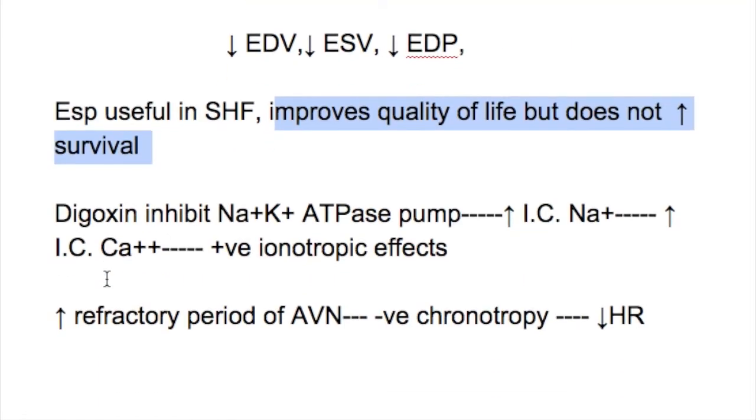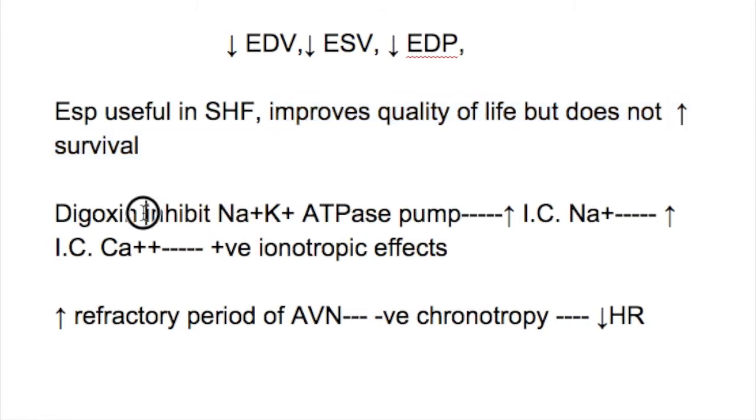So how does digoxin increase the force of contraction? Digoxin inhibits the sodium potassium pump. So it increases the intracellular sodium, that increases the intracellular calcium. So increased calcium causes increase in force of contraction.